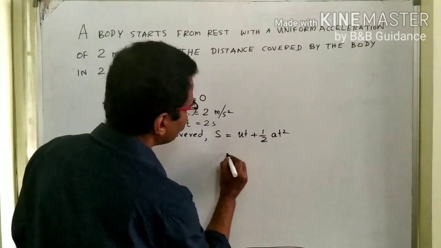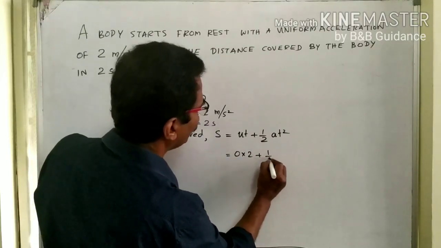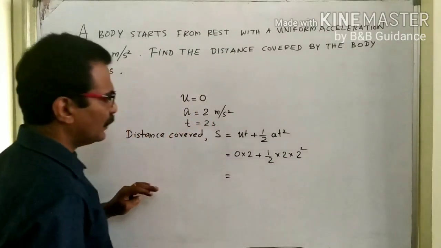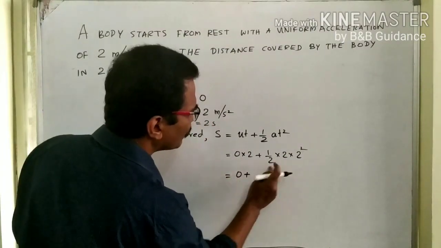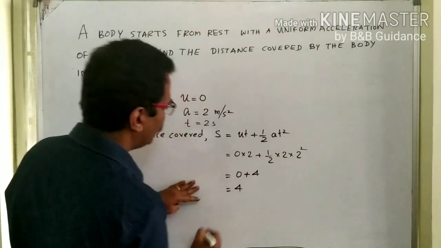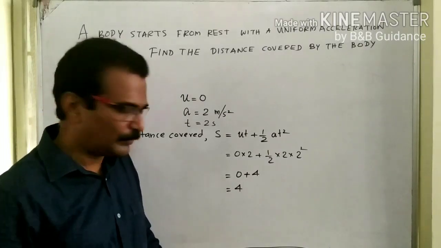Well, that's equal to once again 0 into 2 plus half into 2 into 2 square. That is nothing but 0 plus 2 and 2 cancel, so 4. What is the unit? Meter.